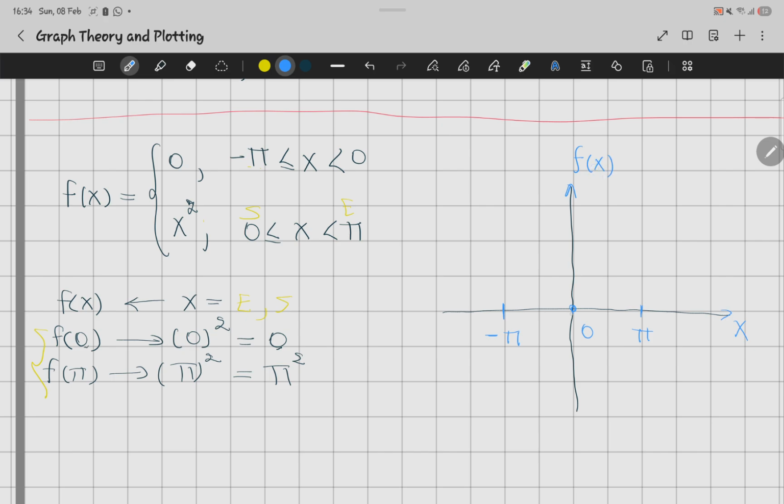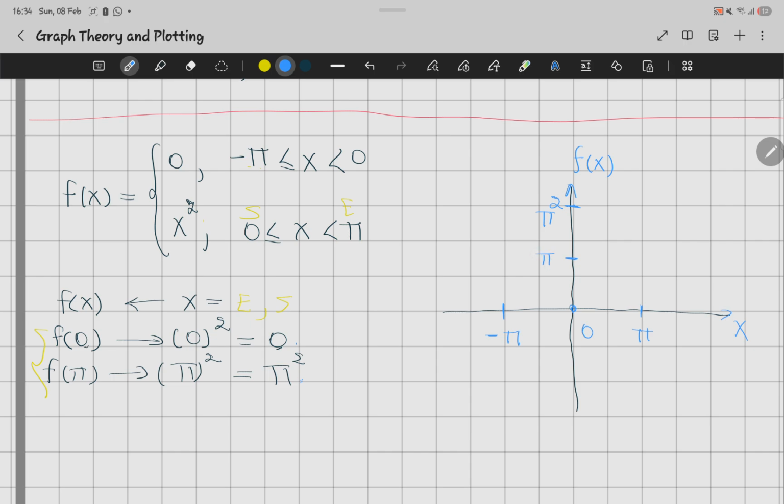Then we got our f of x equal to 0. And then we have to represent this other amplitude, which could be maybe somewhere here. This is where we have pi squared as amplitude, and this is where we have only pi.